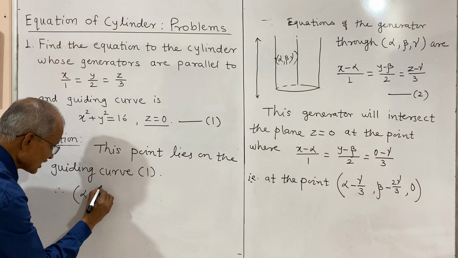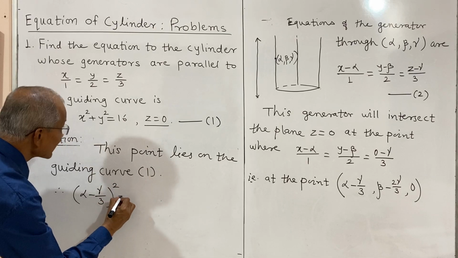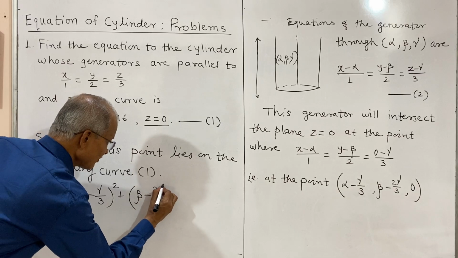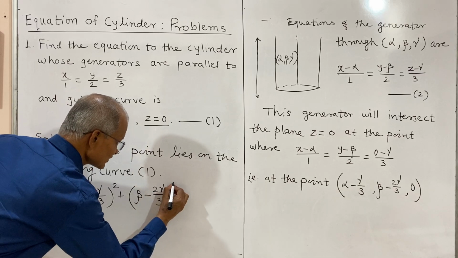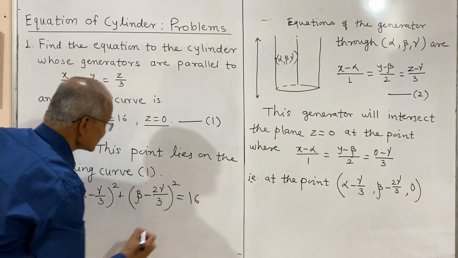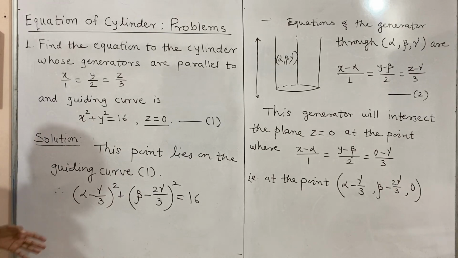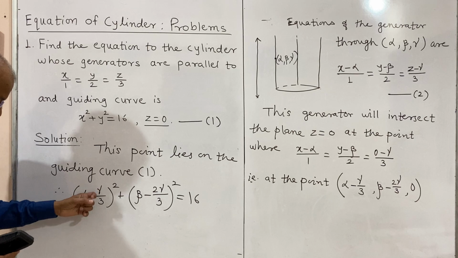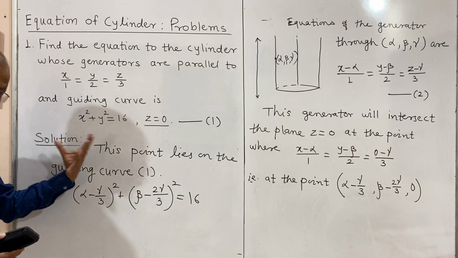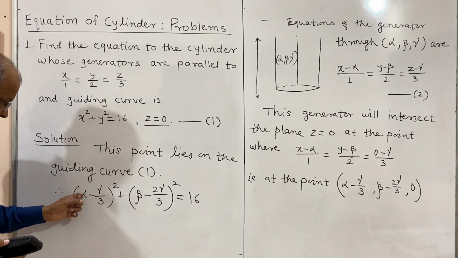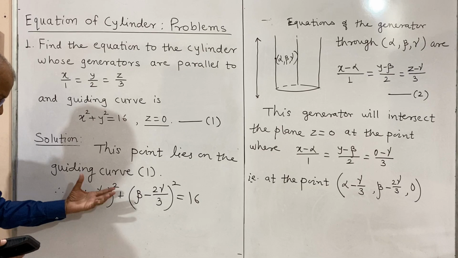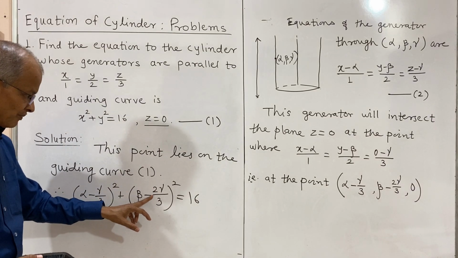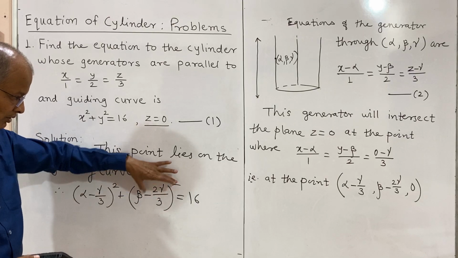(alpha minus gamma divided by 3) whole square, x square, plus y is (beta minus 2 gamma divided by 3) whole square is equal to 16. And we shall simplify this. To simplify this, it is ((3 alpha minus gamma) divided by 3) whole square, or it is (3 alpha minus gamma) whole square divided by 9, and this is also ((3 beta minus 2 gamma) divided by 3) whole square.